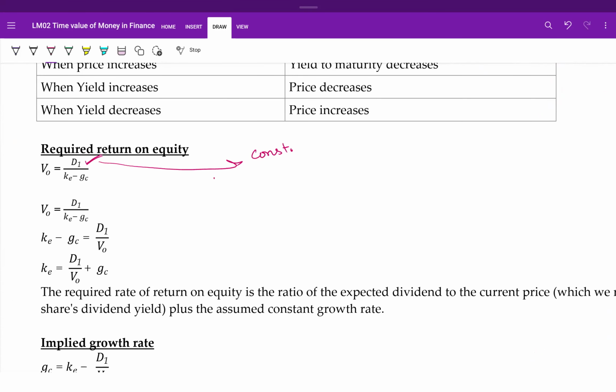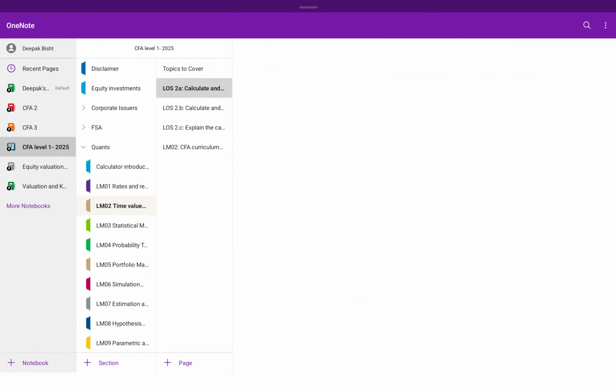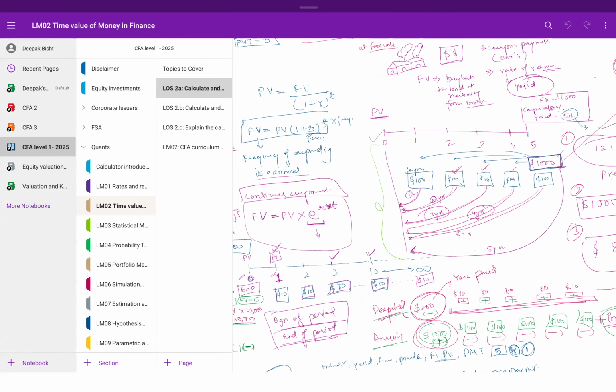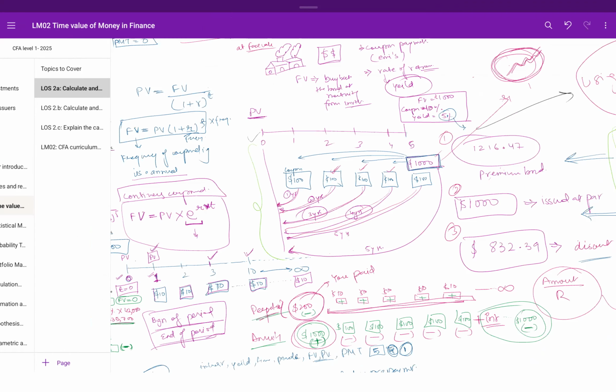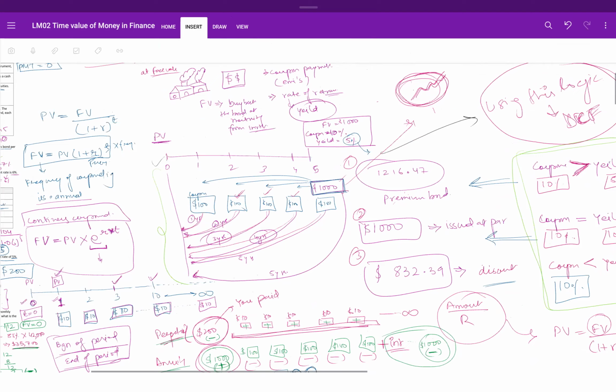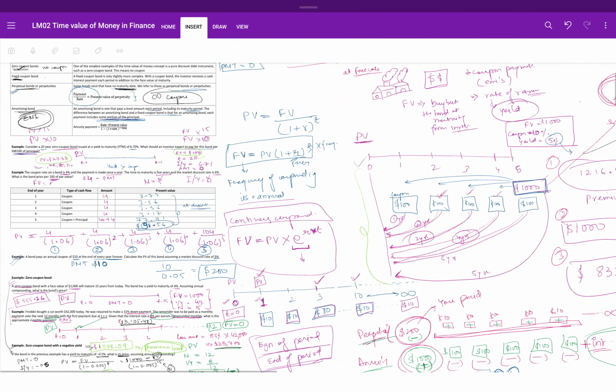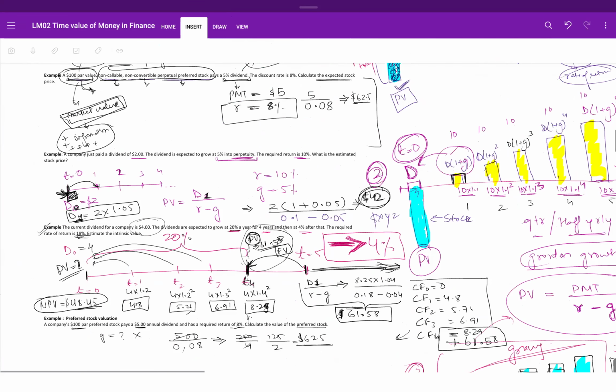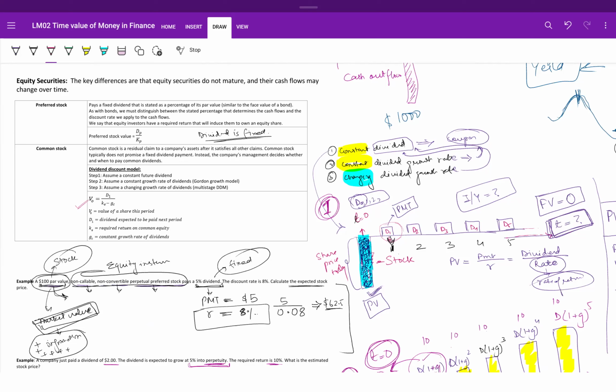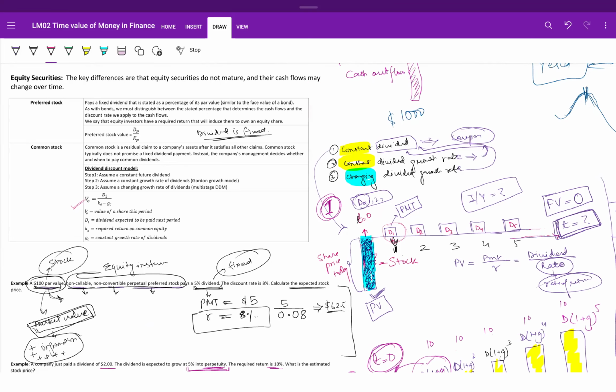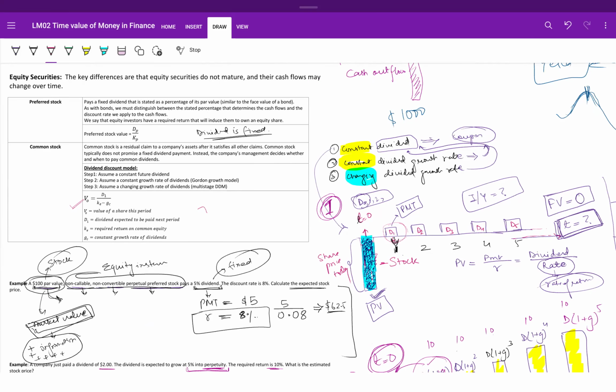We talked about this in our previous LOS, the multi-period dividend discount model. Here we were assuming that the company is growing at a constant rate. Or there might be a sudden jump, where the company is growing at a constant rate, then there's a sudden jump, and then the rate decreases.